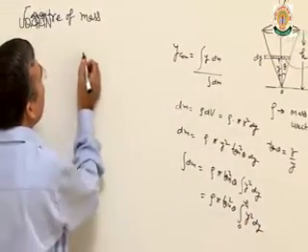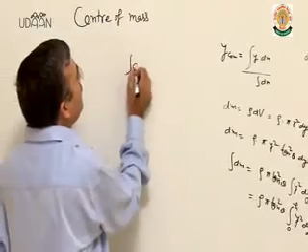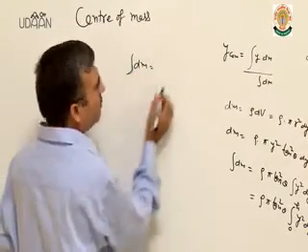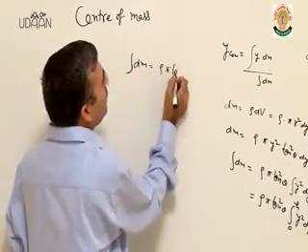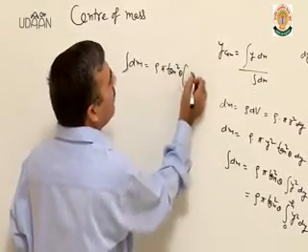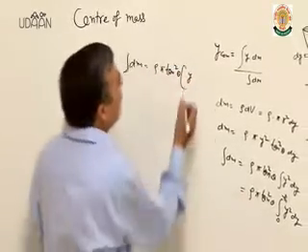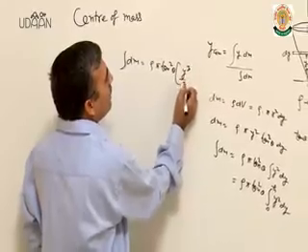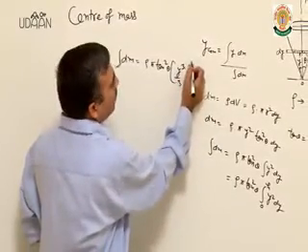Now integration dm will be equal to rho into pi tan square theta, y square integration is y cube by 3, 0 to h.